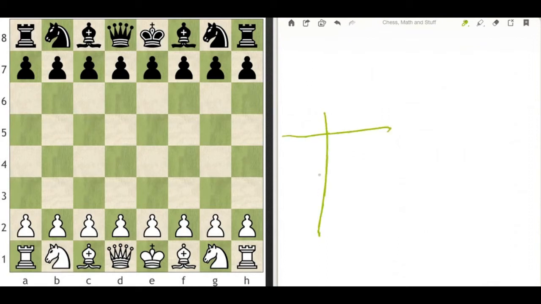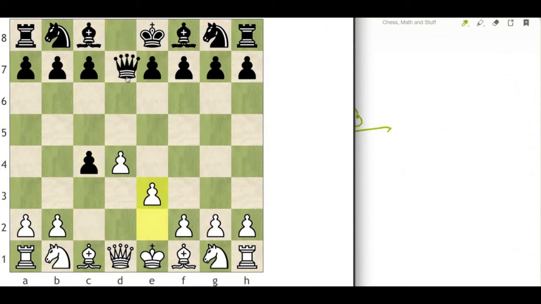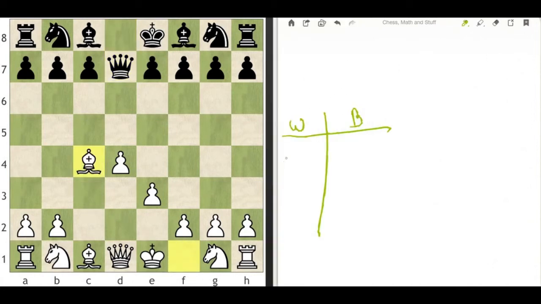You have a line like this, and you have W and B, white and black, and you would just list the moves as they go along, say D4, D5, C4, E3, Queen D7, Bishop C4, whatever. That's what you would write.